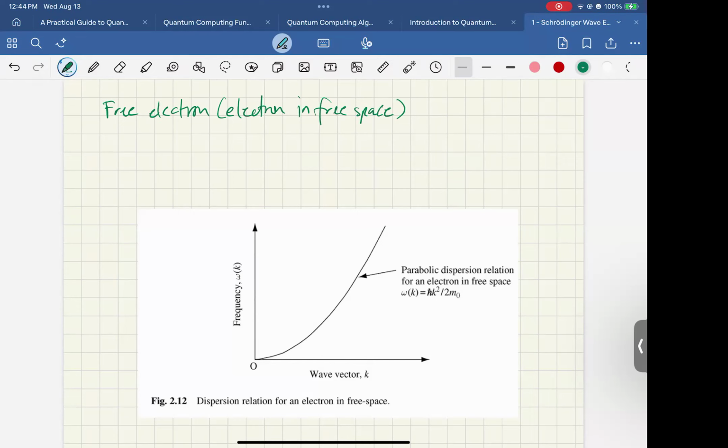When we say free space, in other words, the electron does not feel any potential. It is not interacting with its environment. It's not interacting with any other particle. Because if it is, then you have a potential. For example, in the hydrogen atom, the electron is interacting with the nucleus. So there is an interaction potential, which is proportional to 1 over R.